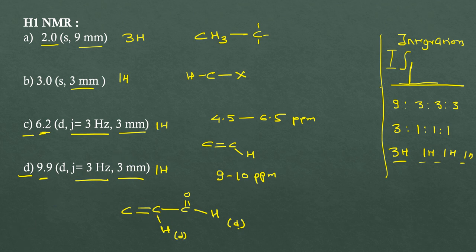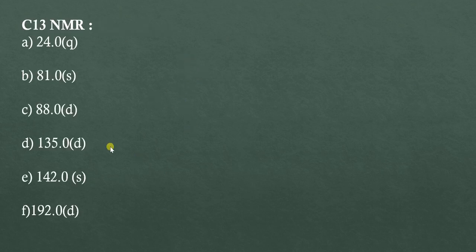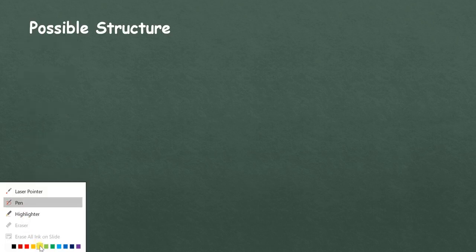Now we'll try to derive the structure based on whatever fragments we have. So what we have here is this conjugated aldehyde, C double bond O H is 1H on this, right? So this has appeared as a doublet with J is equal to 3 Hertz.